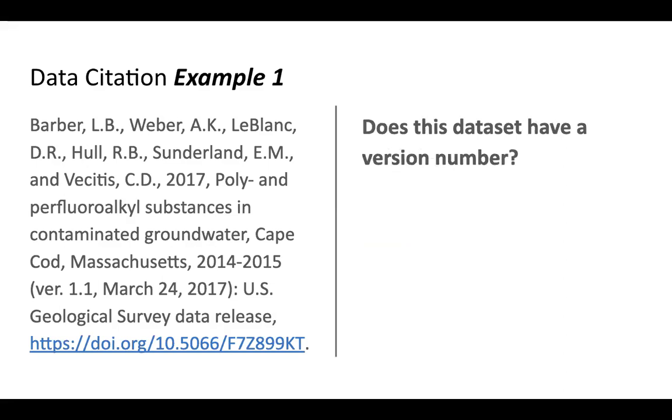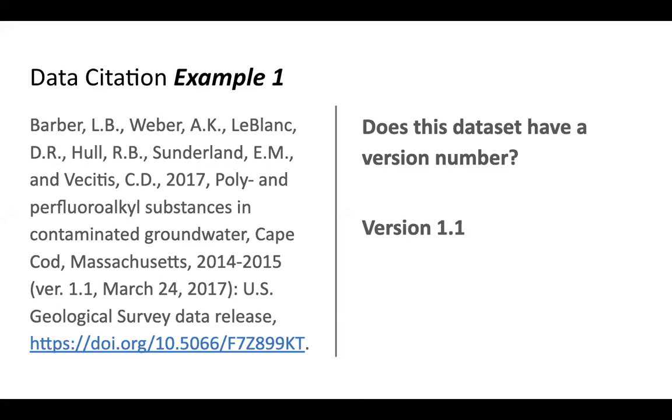For my next question, is there a version number for this cited data set? Great, yes. We see a version number in the second instance of our date. First we see the year when the data set was originally published, 2017.